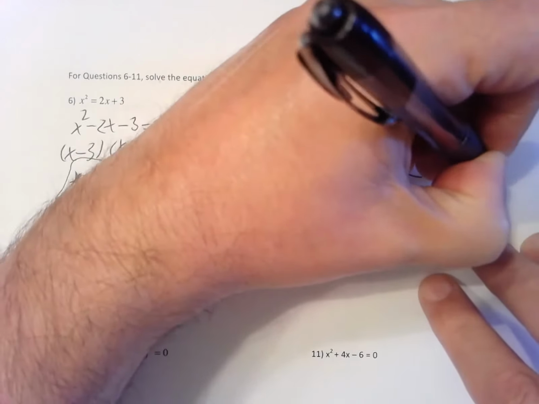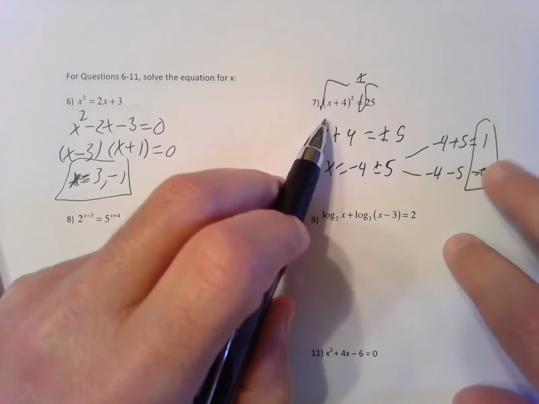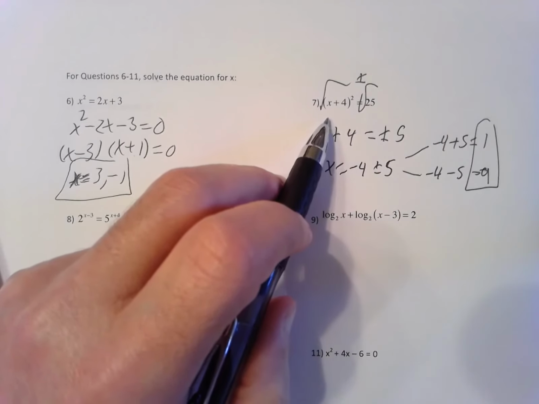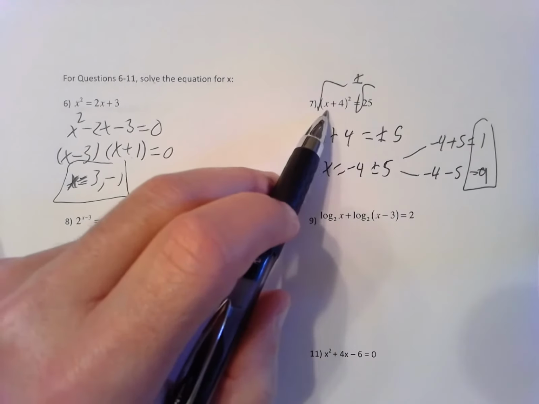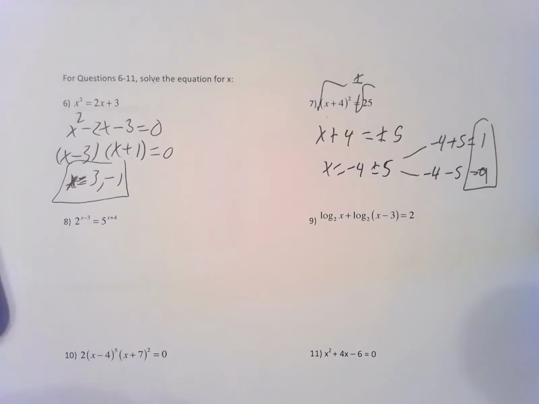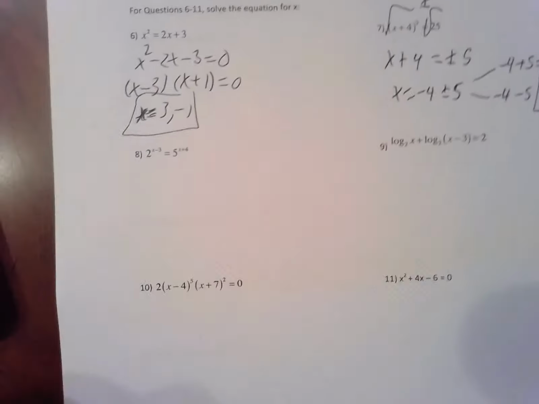We check those. I always like to check these really quick just to make sure. 1 plus 4 is 5 squared is 25. -9 plus 4 is -5 squared is 25. Looks good.